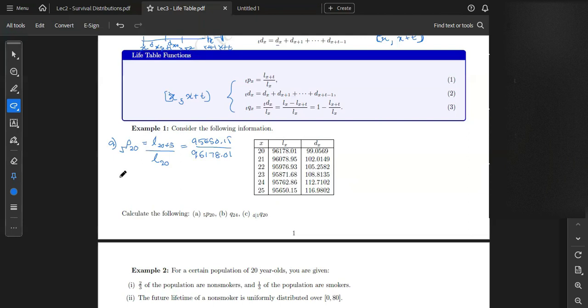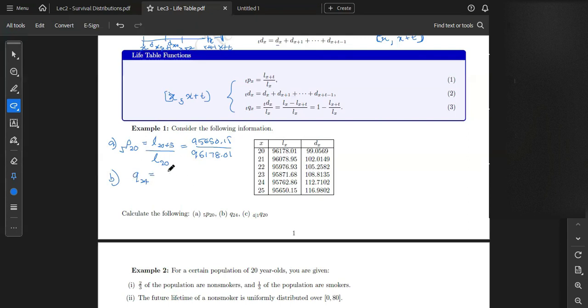For part B, it asks for the probability of death for a person who is at age 20 and the death occurs within the next year. If you remember, we don't use the T if it is a 1 year time period. So that's why it's q24. Now we need the death probability, so we need the number of deaths from the table.